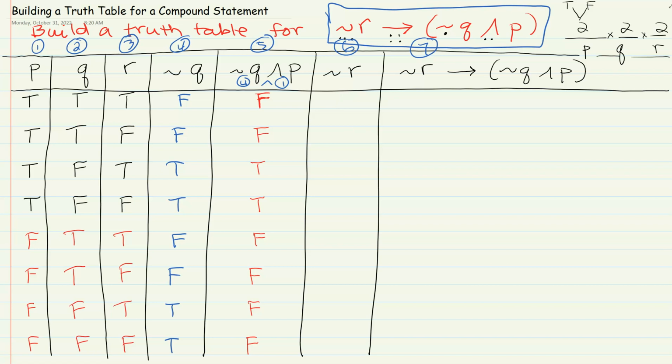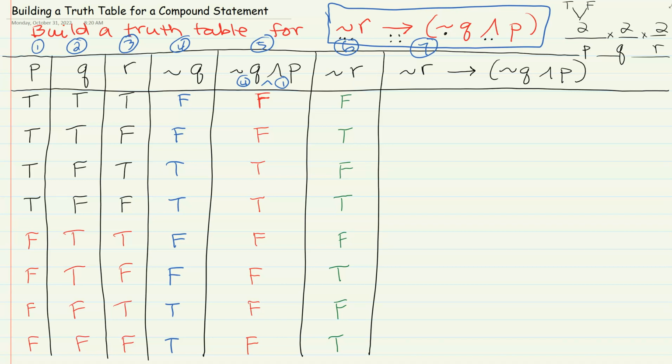Where is green? Green is right there. So I will have not R. R is true, so not R is false. R is false, and not R is true. It's the opposite of the third column. So that would be false, true, false, true.